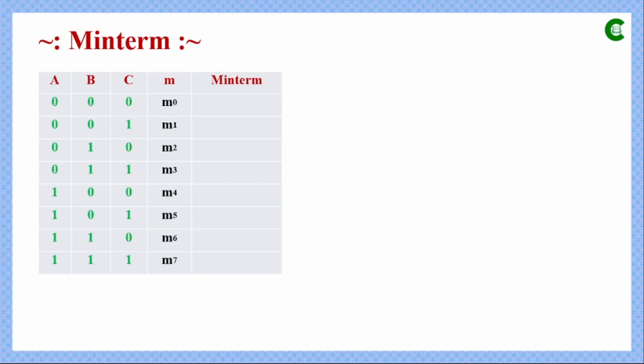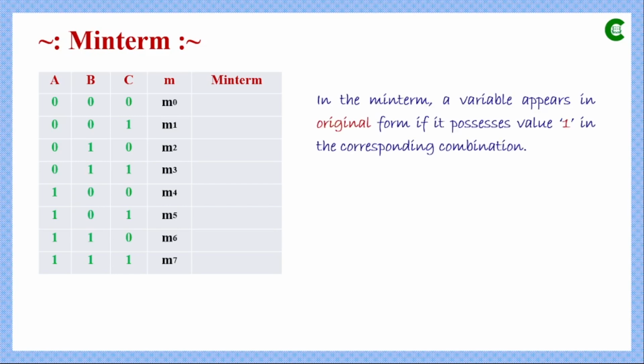Now we will learn how to represent those combinations in that function. The rule is, if in the minterm a variable appears in the original form, then it possesses value 1 in the corresponding combination. Or, on the other hand, if a variable possesses value 1, then in the minterm it will be in its original form.